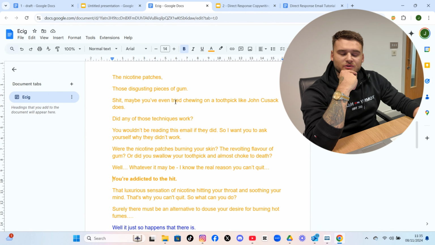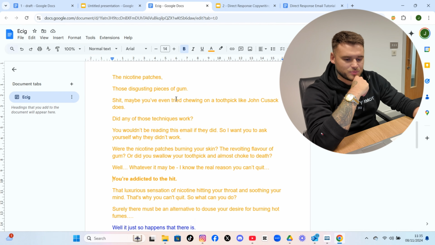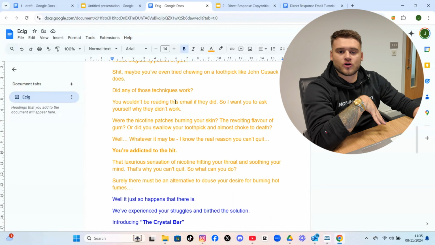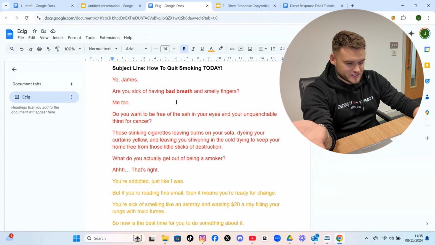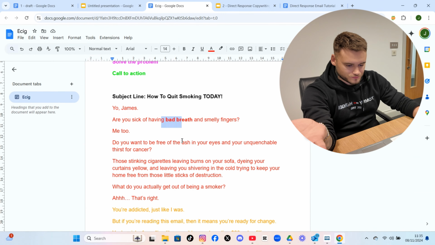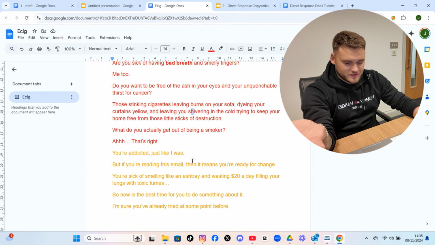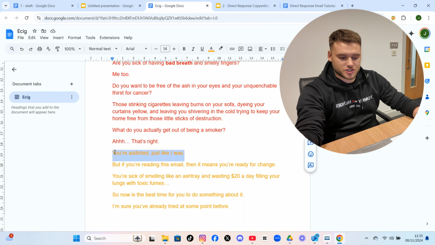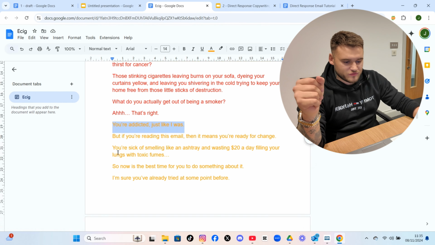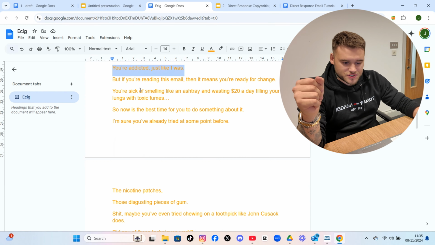So again, it's all about just building emotion, using examples, resonating with the reader. By this point, they are going to think that we know them inside out. Why do we know them inside out? Because we've described their problems. We've described their reason for having those problems because they're addicted to smoking. We've reinforced even more problems.